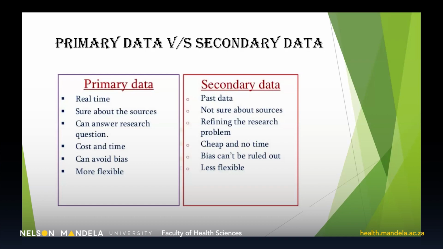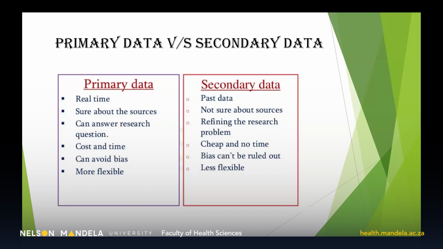But it's there. It's in the hospital, and it's oftentimes cheap to do because you don't have to go out to the field yourself to collect the data. Bias cannot be ruled out because you have no control over how this data was collected.